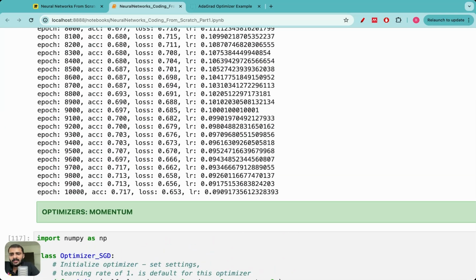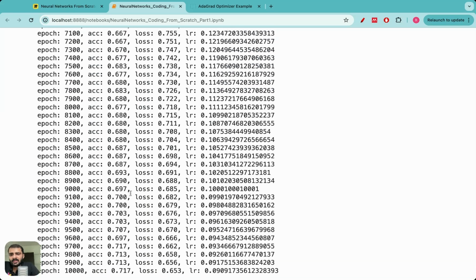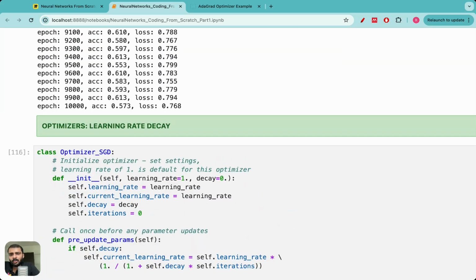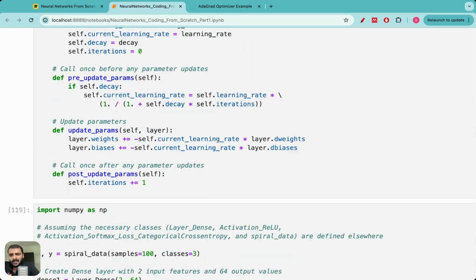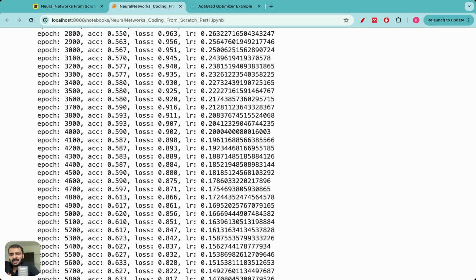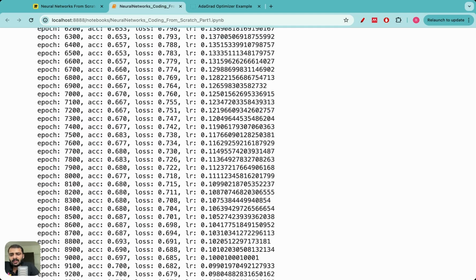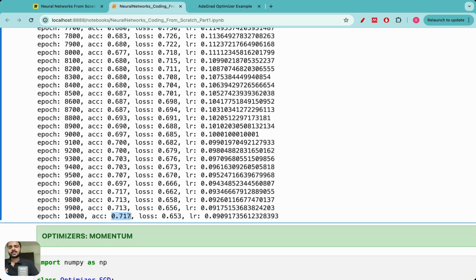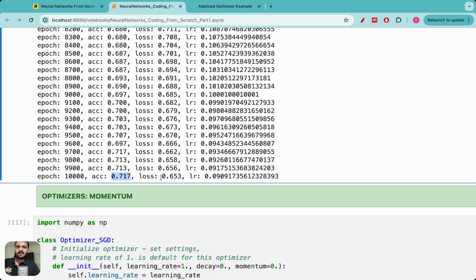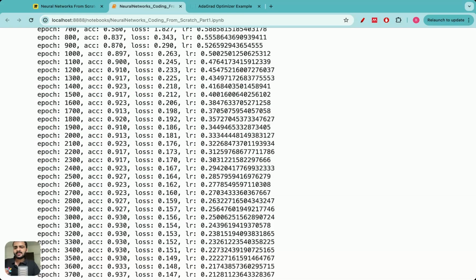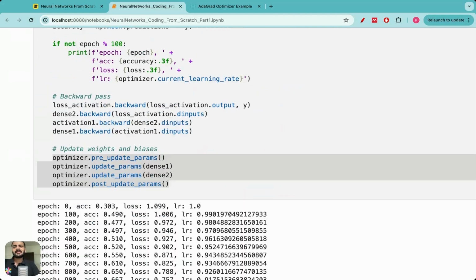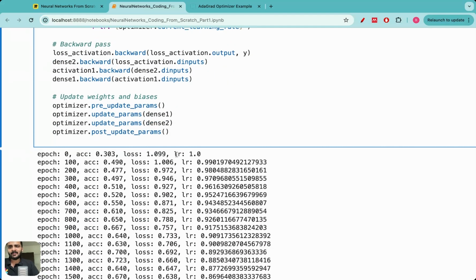Now let's compare with just the learning rate decay. If we just used a learning rate decay, without Adagrad or momentum, then we can see that the accuracy was around 0.717, which is much lower than Adagrad. So one thing is for sure: when we implement the Adagrad optimizer, it leads to a much higher accuracy than if we just use a learning rate decay.